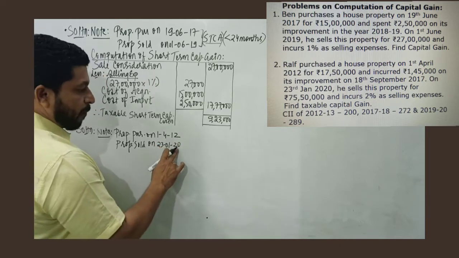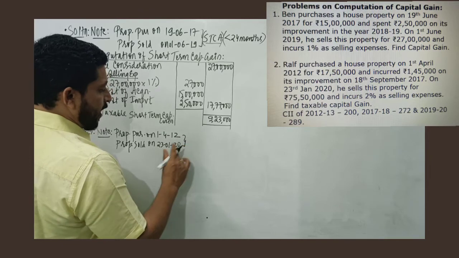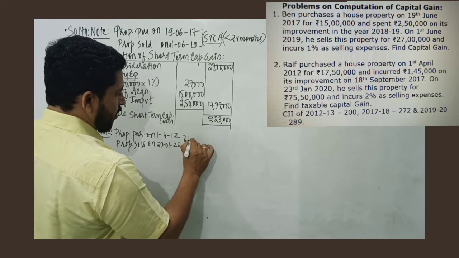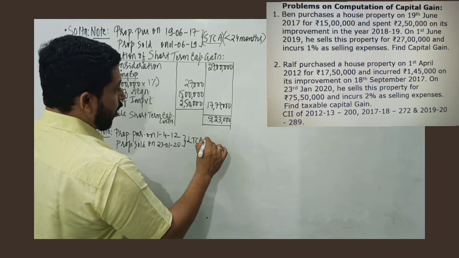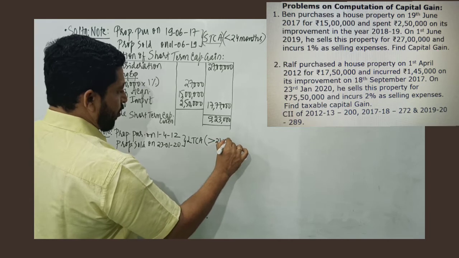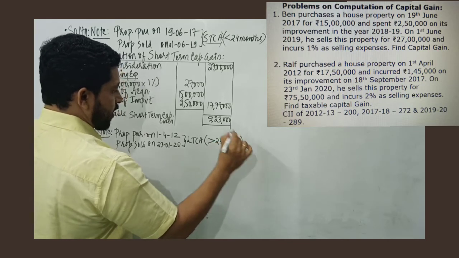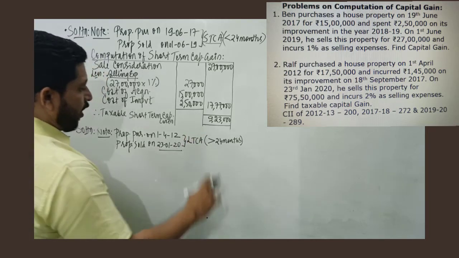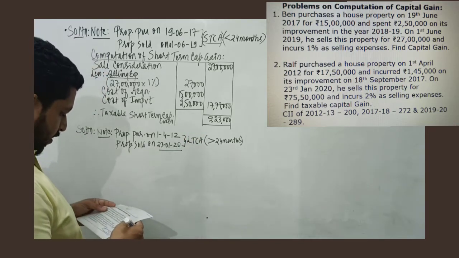So definitely this property is owned for more than 24 months. So this asset is going to be a long-term capital asset since the period of holding is more than 24 months.